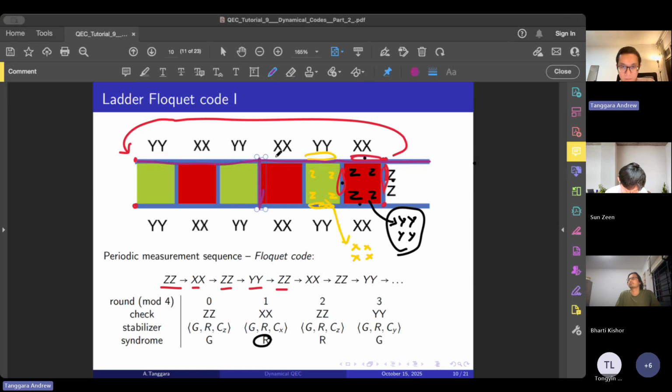So that makes the distance of this code two, which means it's only error detecting, and not error correcting in the worst case. But that's still a dynamical code, which is kind of cool because you only need to do this bunch of 2-qubit measurements.